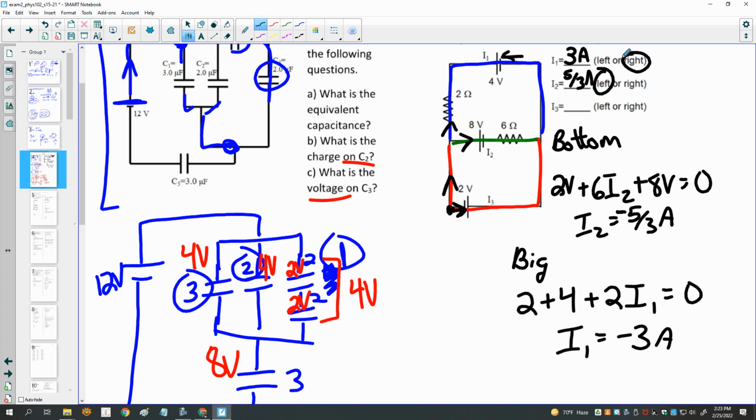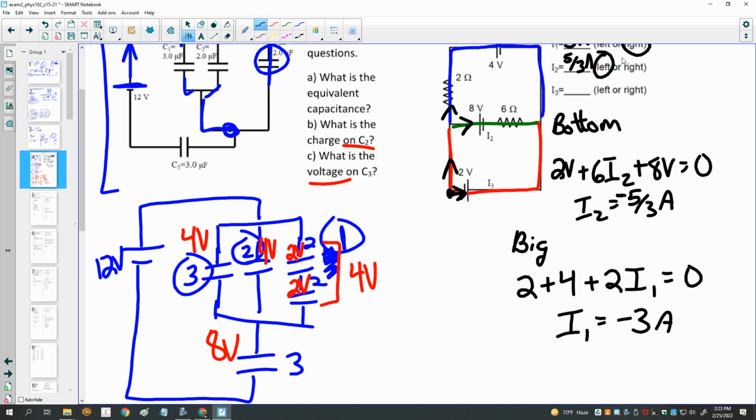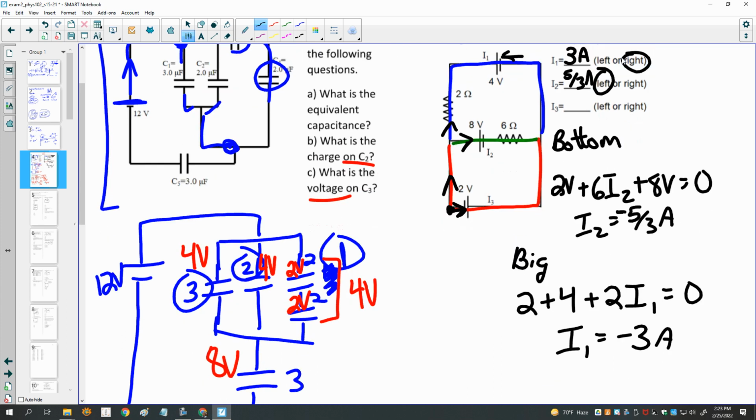Okay, so let me go ahead and write the equation for the top loop, but we're not going to use it. I'm going to start here and go in that direction. So for the top loop, it's going to be 4 plus 2I1 minus 8 minus 6I2, and that's equal to 0.